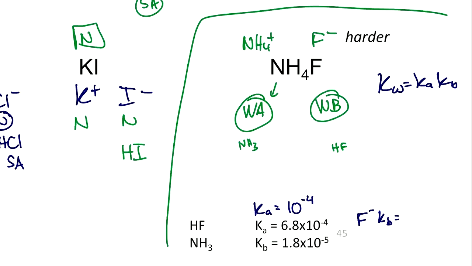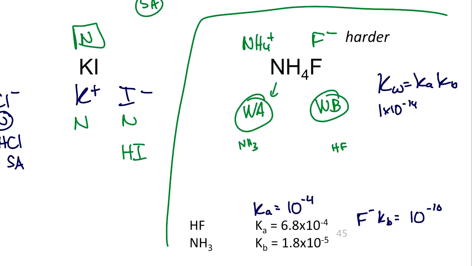Just look at the exponent here. What would the Kb be of F minus? Remember what Kw is, it's 1 times 10 to the negative 14. So those exponents have to add up to negative 14. So the Kb value for F minus is 10 to the negative 10. I'm just estimating. You can actually calculate the number, but we just need to look at magnitudes to answer this question.